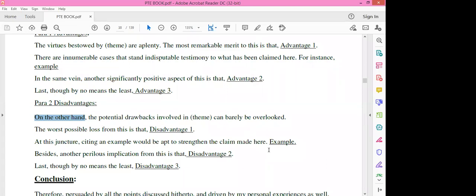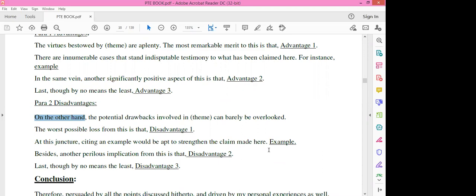Okay. Last, though by no means the least, the cost of living, the cost of accommodation, the cost of residing in these international places are quite exorbitant. Use the words quite exorbitant.